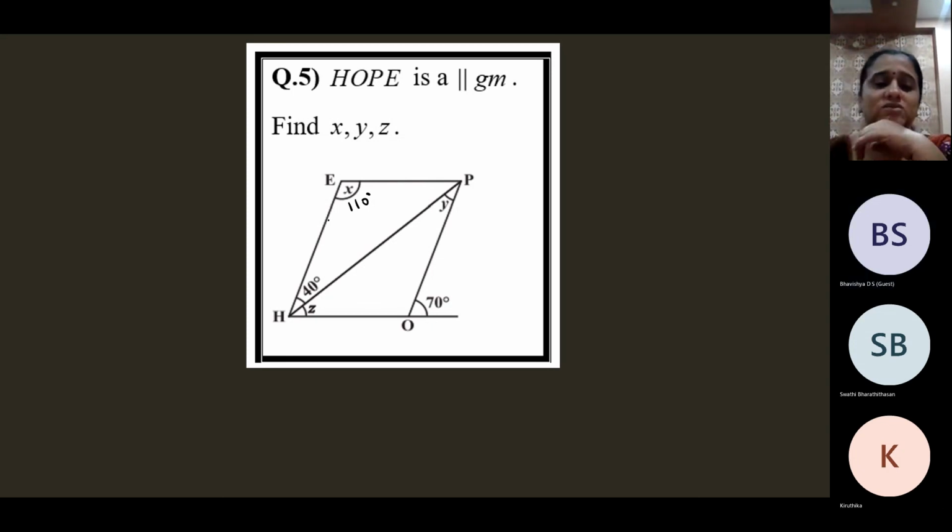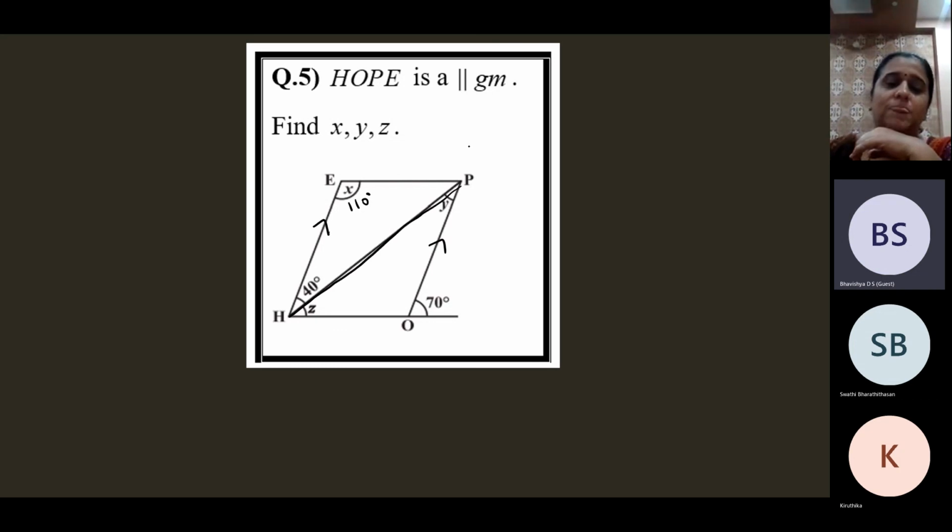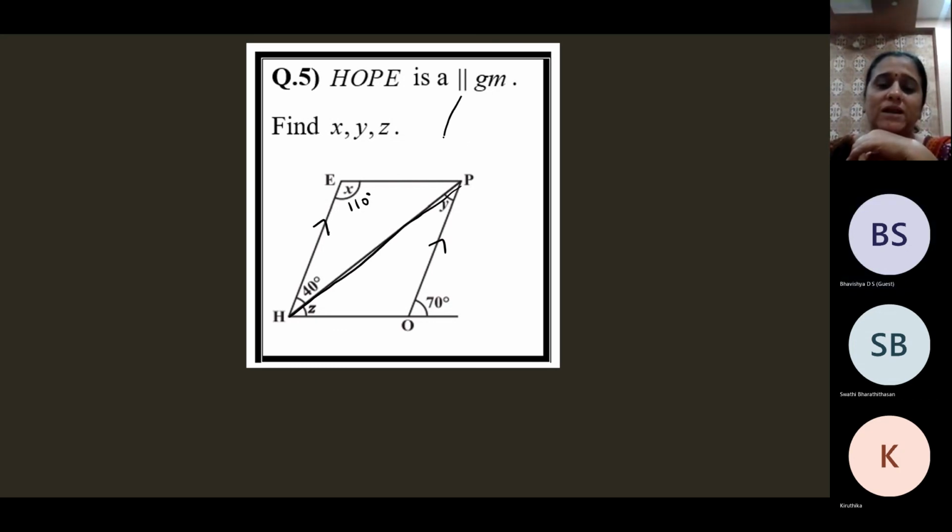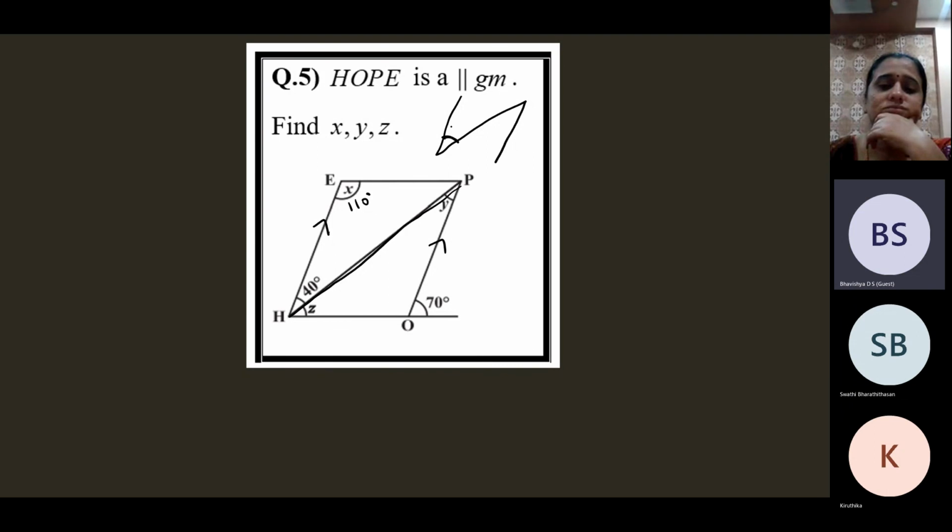Very good. These two are parallel. HP is the transversal. So see here, EH parallel line, transversal, parallel line. Correct. What angle do you have here? What is the measure? What is given in the figure? How much is this? 40 degrees, ma'am.